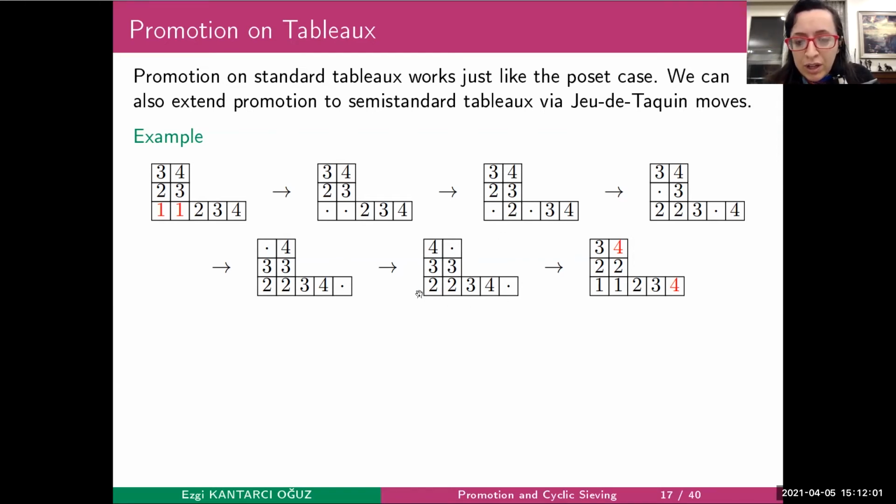So we continue like that. The empty boxes get pushed to the outside. Then we subtract one from each, and then we got a new semi-standard Tableau.